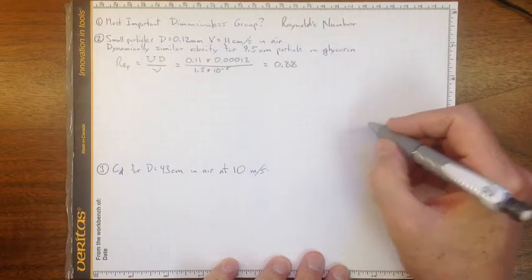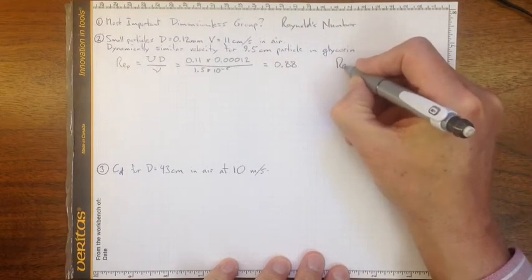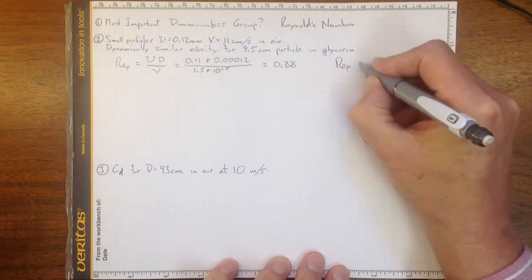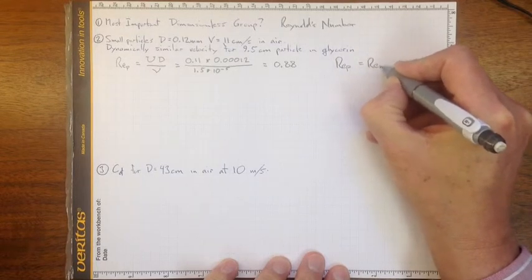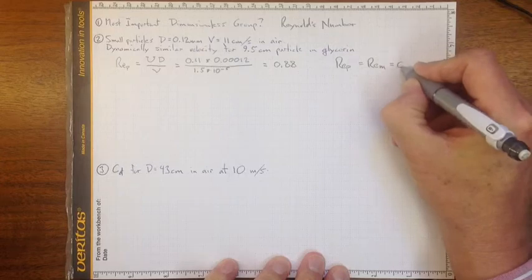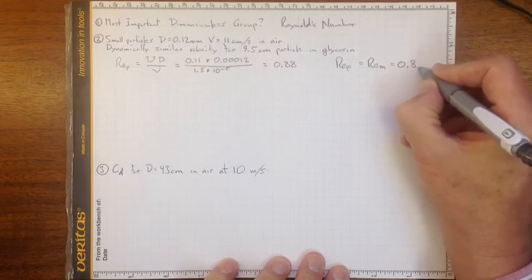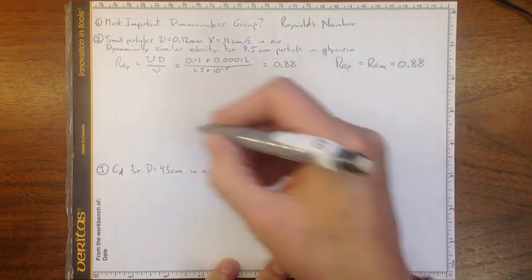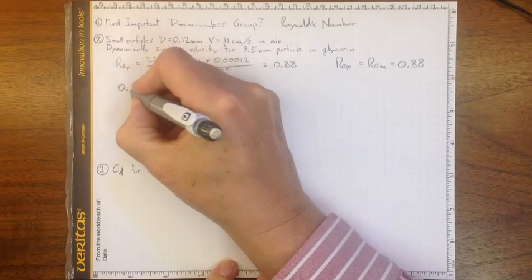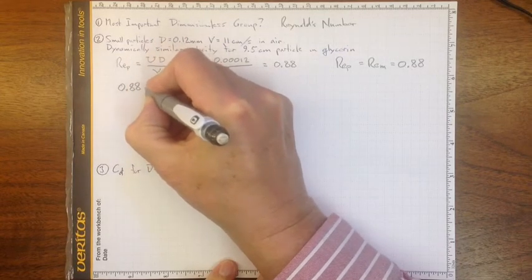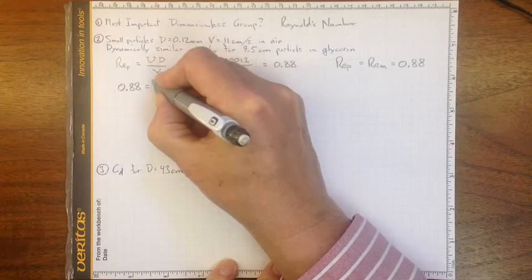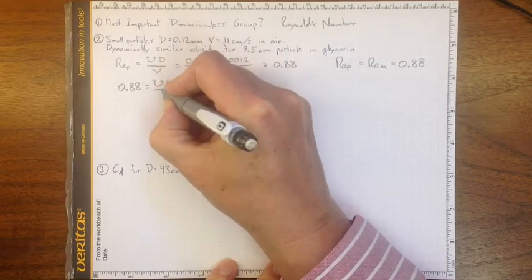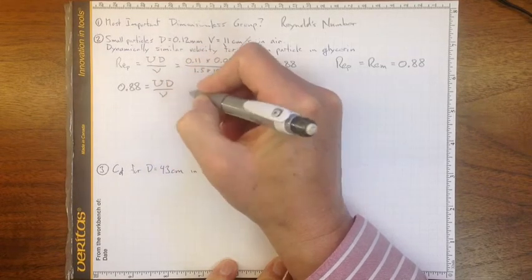Now if we want the Reynolds number of the prototype to match up with the Reynolds number of the model, so for the Reynolds number of the model to be 0.88, then what we'll have is 0.88 equal to velocity times diameter divided by kinematic viscosity.